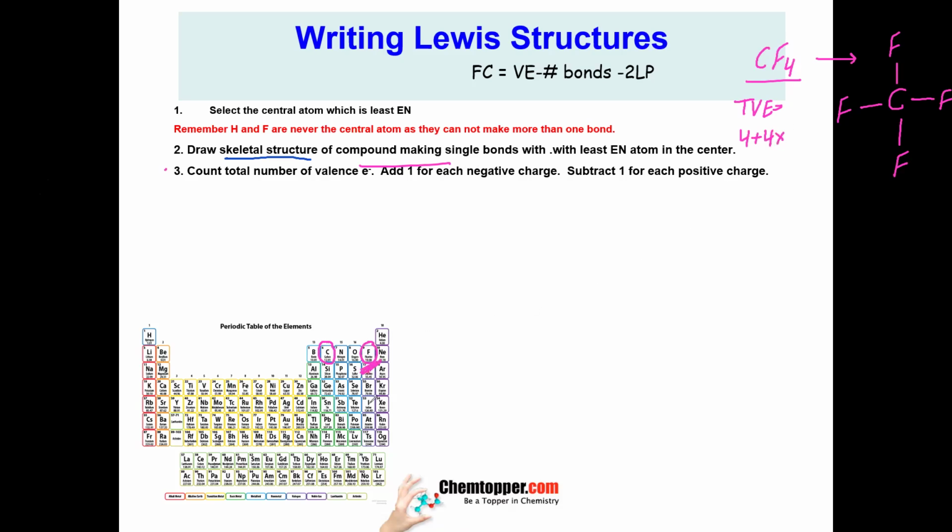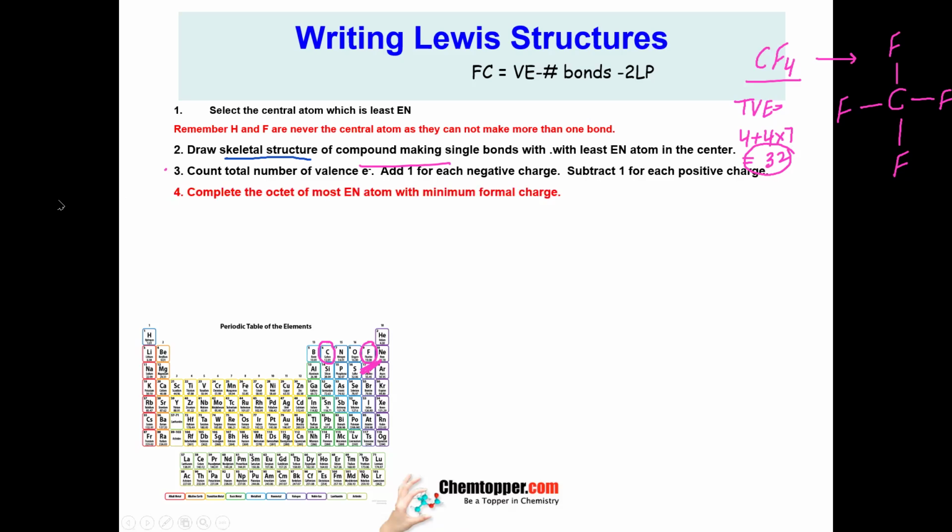Each fluorine is 7, so 4 times 7. How much is this? Now you have to use these 32 electrons to complete the octet of the most electronegative element.